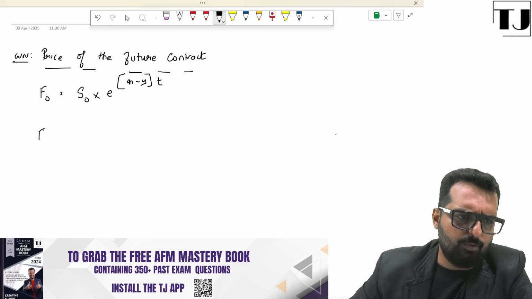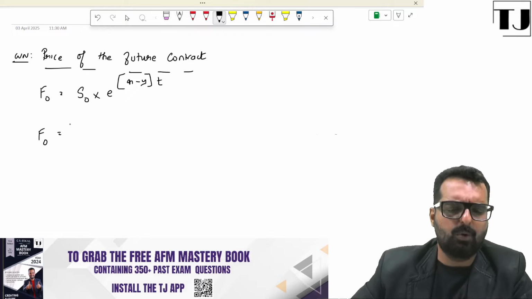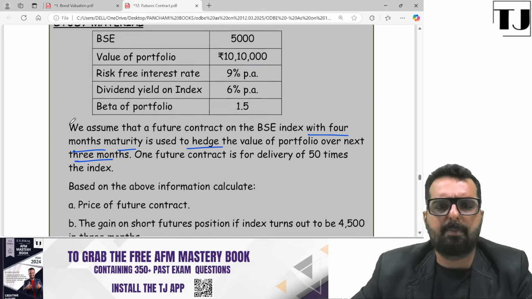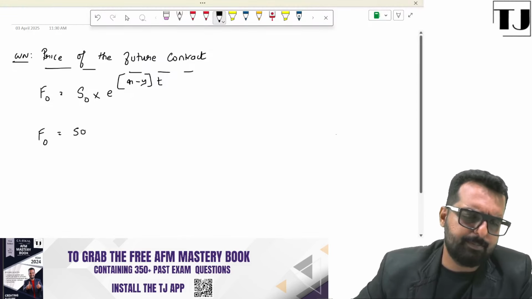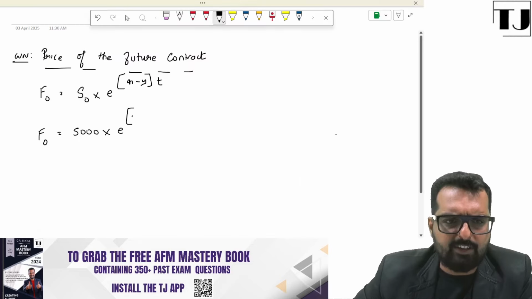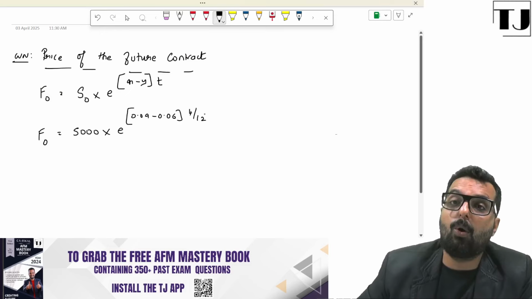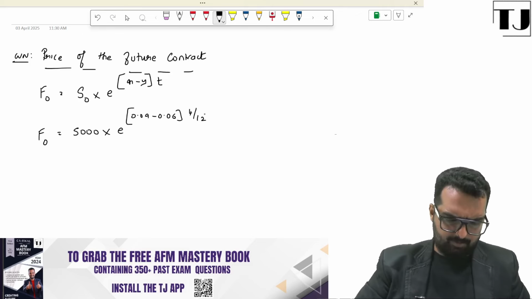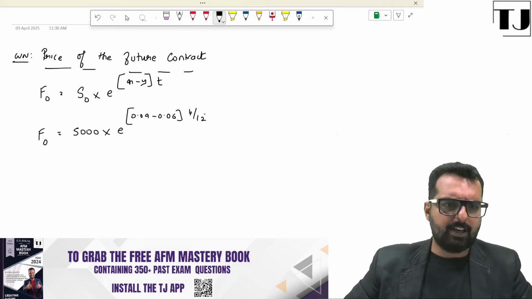Everyone clear? So future price will be equal to what is spot price that you have over here, friends? Spot price is 5,000 into e raised to 0.09 minus 0.06 into 4 divided by 12, friends. Okay, because the duration is how many months? 4 months. I'll get 0.01.